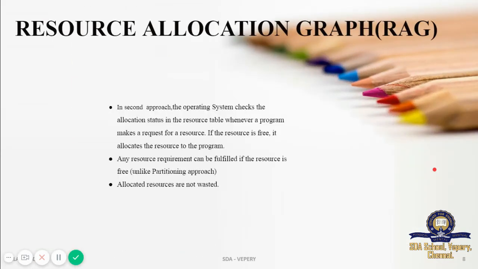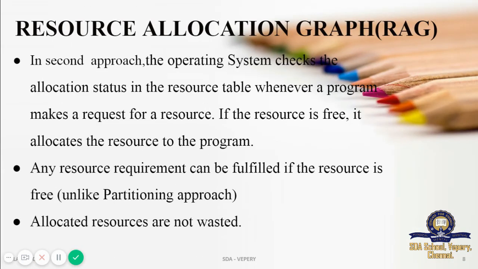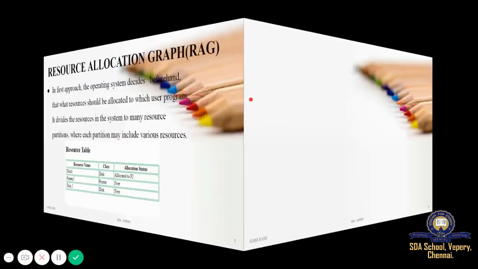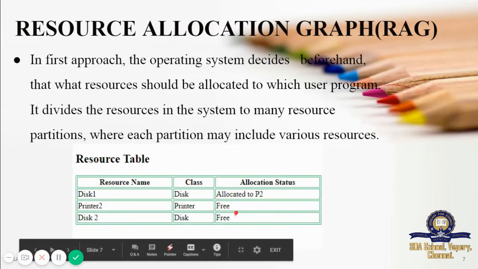And the next approach is the pool based approach. In this approach, the operating system checks the allocation status in the resource table. Now previously, what did we see? In this table it will check the allocation, whether the resources are free or not.